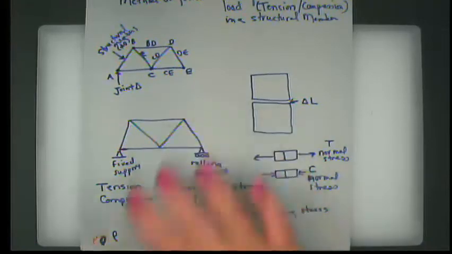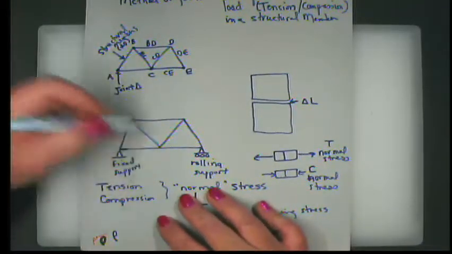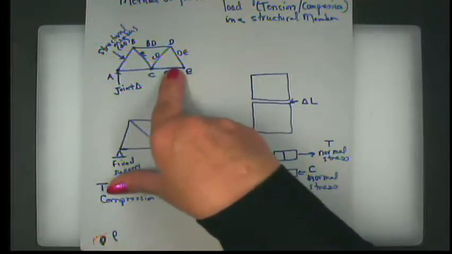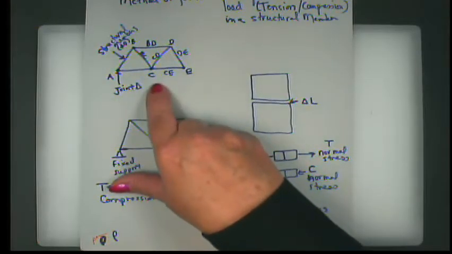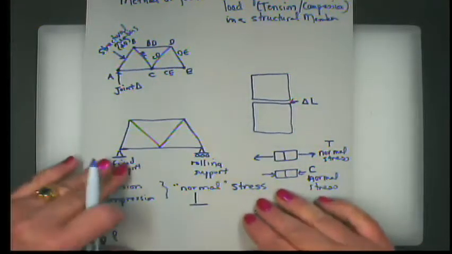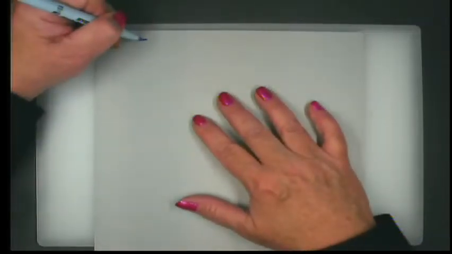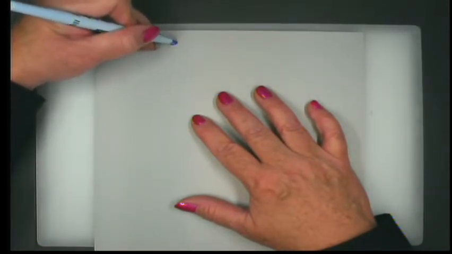So the end game for us is we would like to know, based on a certain load, whatever our load is, what the tension or compression is in each one of these structural members, based on this external loading. So we're going to go back to some basics. We know that if a structure is not moving, the summation of forces in all vector directions has to equal 0.